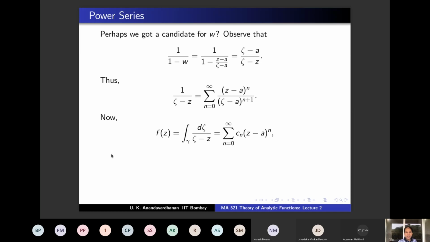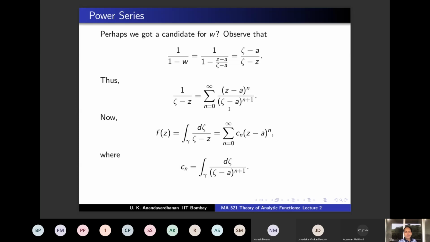Then you have the sum of the integral of this quantity with respect to d zeta. And then what you're getting is (Z minus A) power n, right? There is no zeta there, so that comes out. And what is Cn? Cn is the integral of d zeta by (zeta minus A) power n plus 1. You agree? Assume you can interchange integral and summation, and then this is what you're getting.